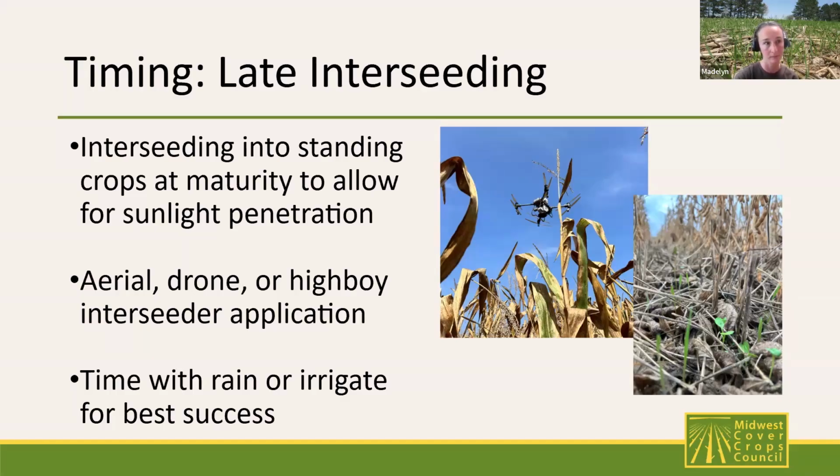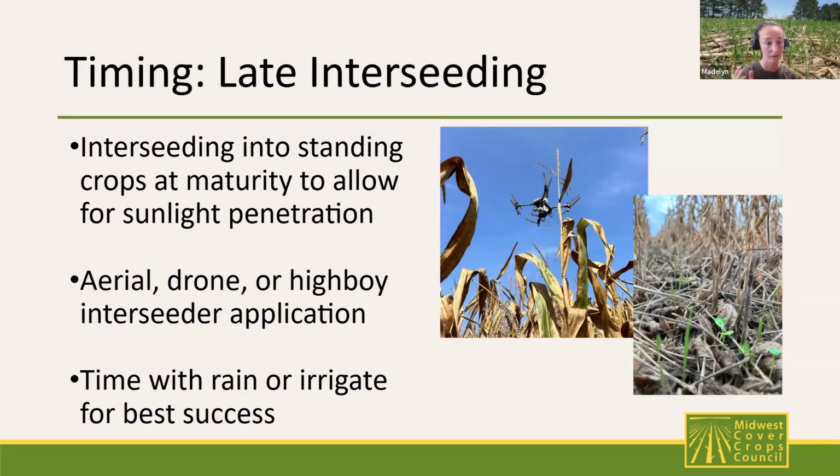Now, you don't have as many ground rig options. There are some highboy interseeders or like high clearance ground rigs that have been adapted to spread cover crops over, say, beans. But a lot of times we're thinking like airplanes, drones, something that can fly over the crop.